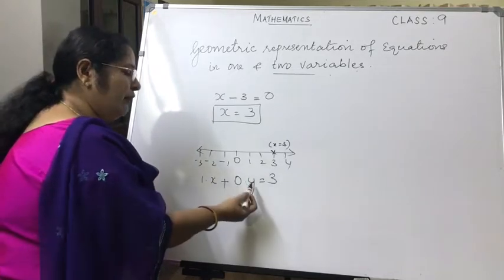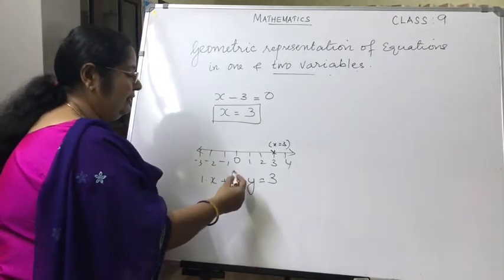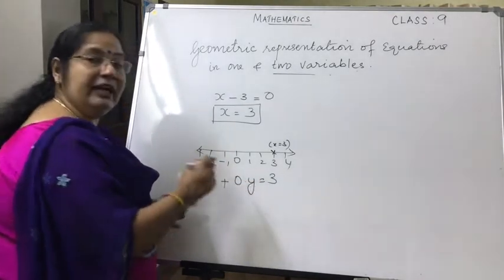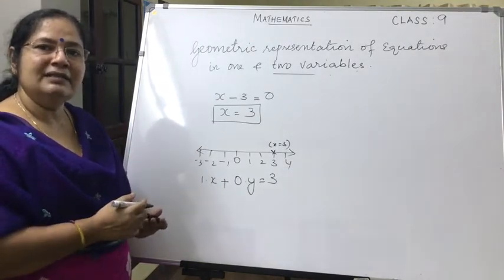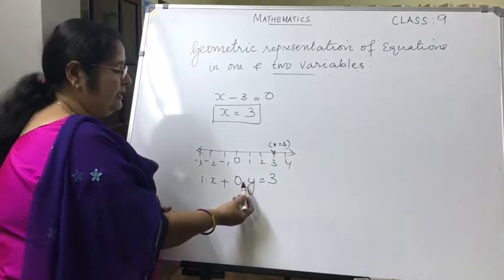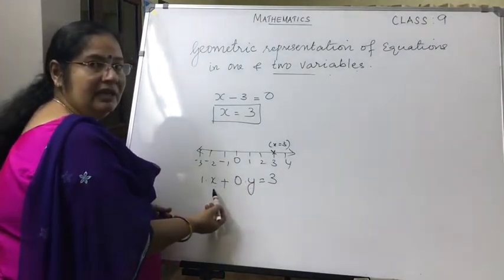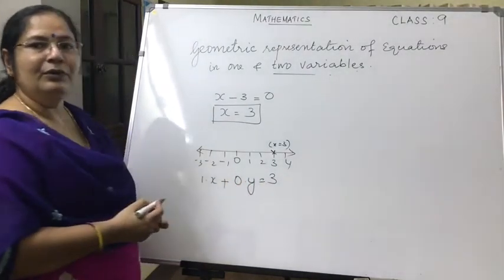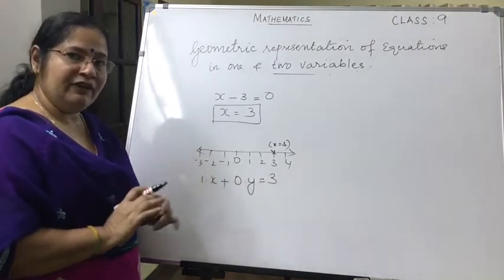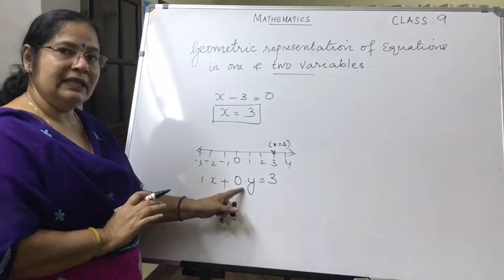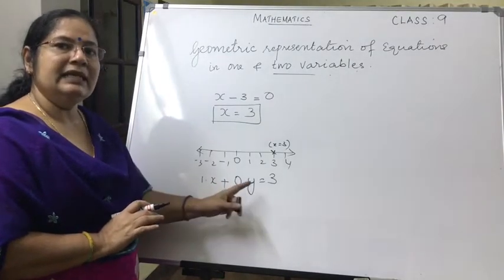So whatever value I give for y, this entire term will reduce down to 0. So what remains? If I give y as 1, this will be 0, and what is remaining? x is equal to 3. If I give y equal to minus 5, this will become 0. What is remaining? x equals 3.